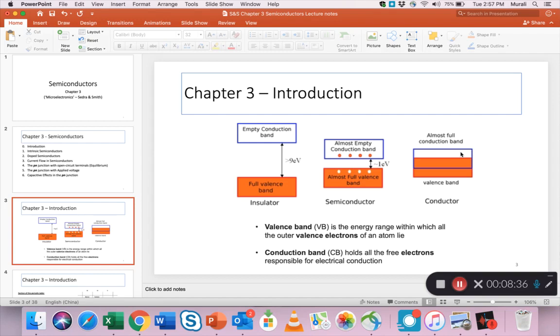And so these electrons live in different energy bands, and the outermost band where all the electrons reside is called the valence band. Now the valence band is separated from another band called the conduction band.